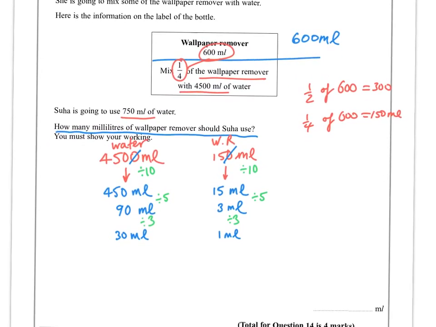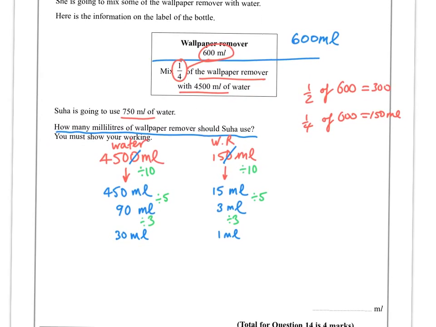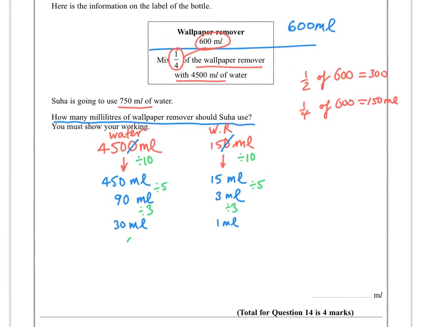And then I think I'm just about done, because I know now that if I times both sides by 25, I'll have 3 25s are 75, but I had 30 lots of 25, so it's 750. So 750 mils of water would give me 25 mils of wallpaper remover. Now, I'm just thinking to myself, some of you would worry at that. So let's have a look at another way.